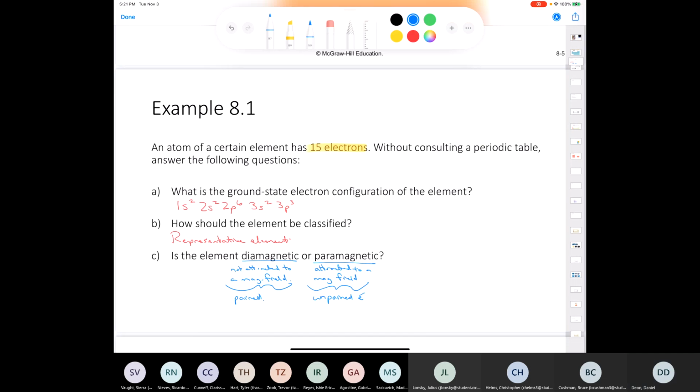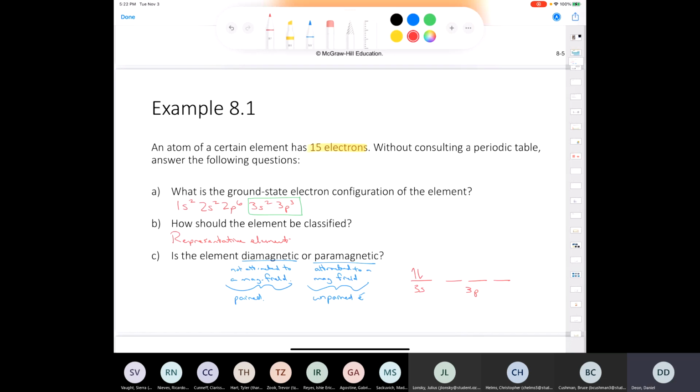Well, let's look at the valence electrons. And the valence electrons in this element are going to be those electrons with the highest principal quantum number, which is 3. And so we have a 3s orbital, and we have 3p orbitals. In the 3s orbital, I have 1, 2 electrons.